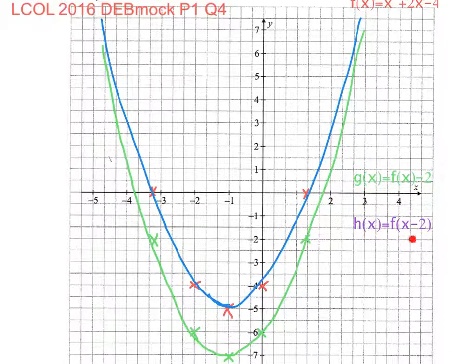For the last bit, function h, where we have this -2 appearing inside the function, so the function of x - 2, well, this creates a horizontal movement. It's sort of counterintuitive. -2 is a movement to the left, sorry, movement to the right. We're moving to the right for a negative number.